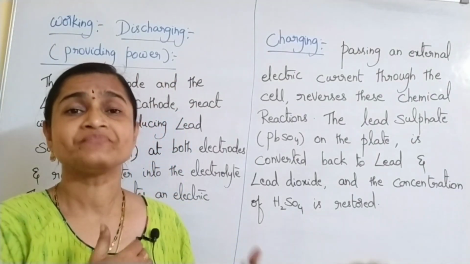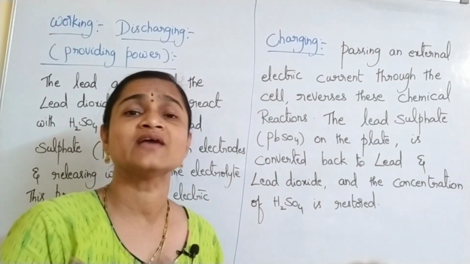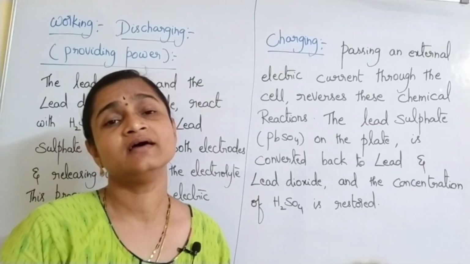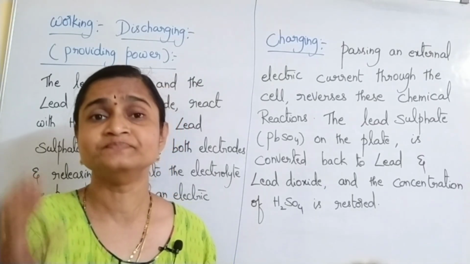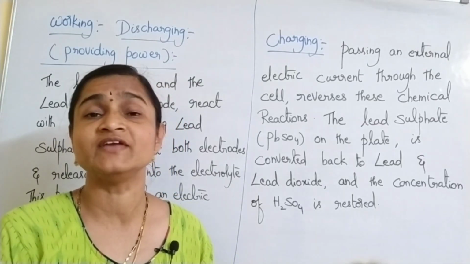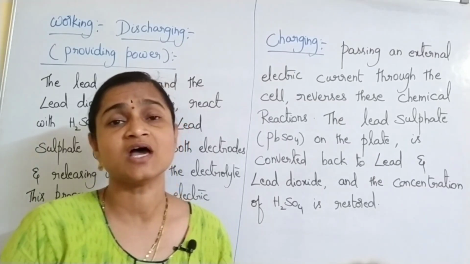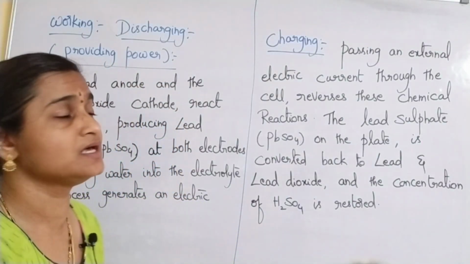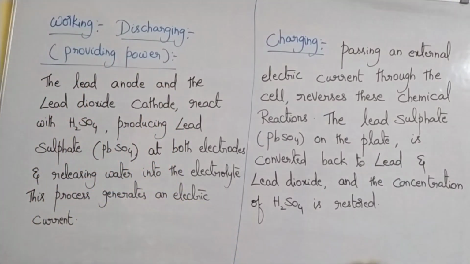In that way, if you keep charging, the reaction becomes reversible, and whenever the battery is depleted, you can recharge it and reuse it. That is the special advantage of secondary cells. So this is about secondary cells. Note down.